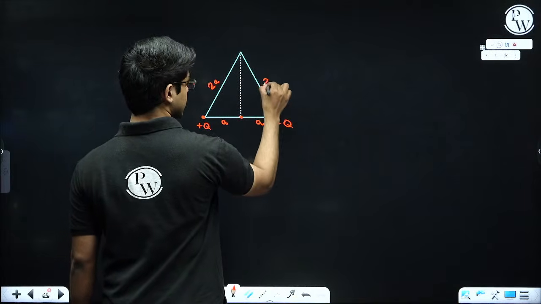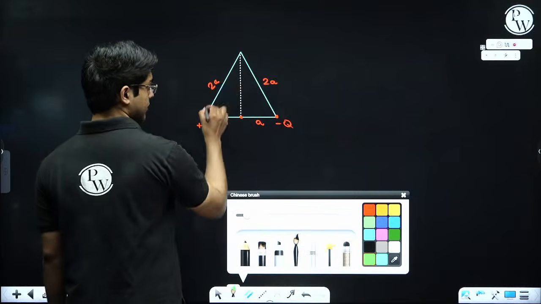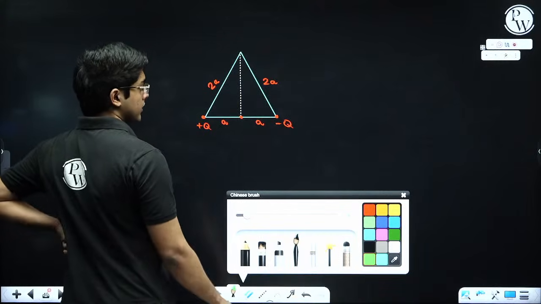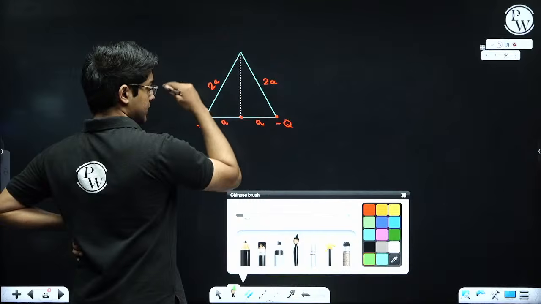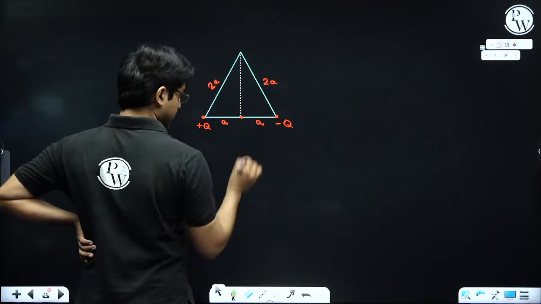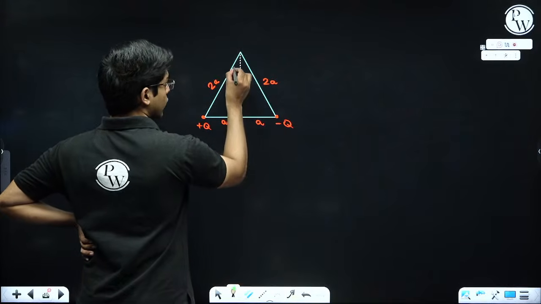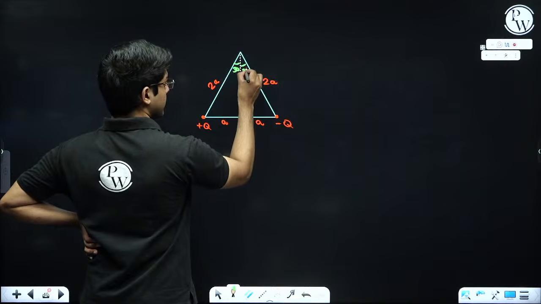Using this distance, we can find out this angle. This is actually just an equilateral triangle, right? 2a, 2a, 2a. So all the angles are 60, 60, 60, and this angle over here is half of it, 30. This is also 30.